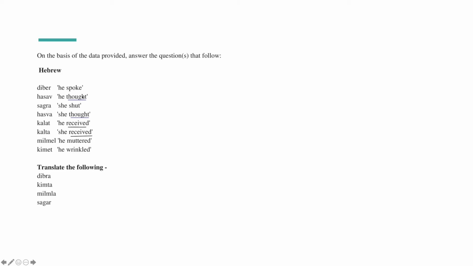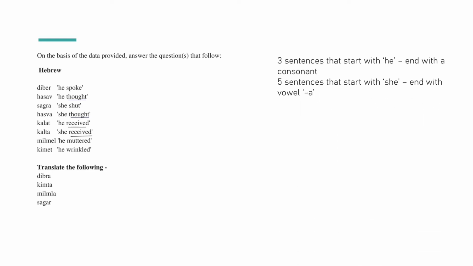And now I can figure out where the verb is placed in the word in Hebrew. For example, since we have hasav and hasva, we figure out that thought has the root has, and that comes before the pronoun.